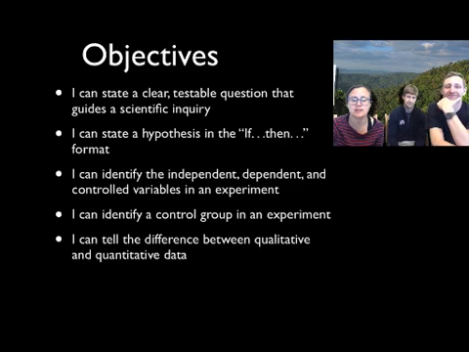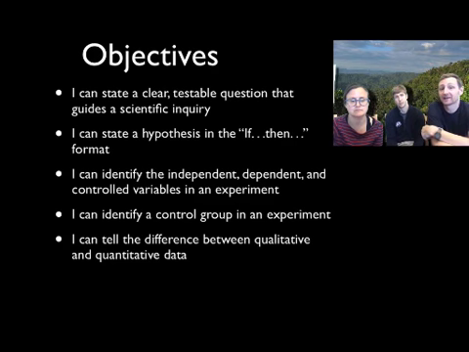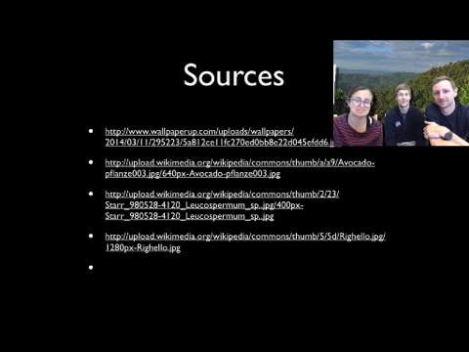You should be able to identify independent, dependent, and controlled variables in an experiment. You should be able to identify a control group in an experiment, and not always. And lastly, be able to tell the difference between qualitative and quantitative data. There you have it.